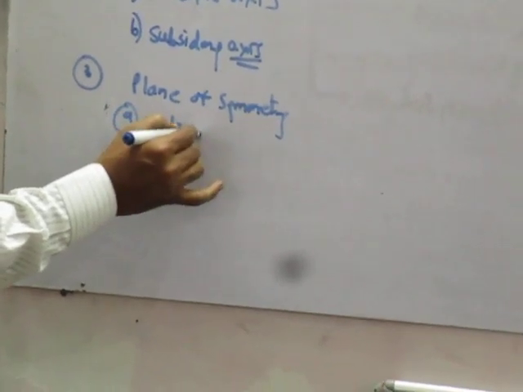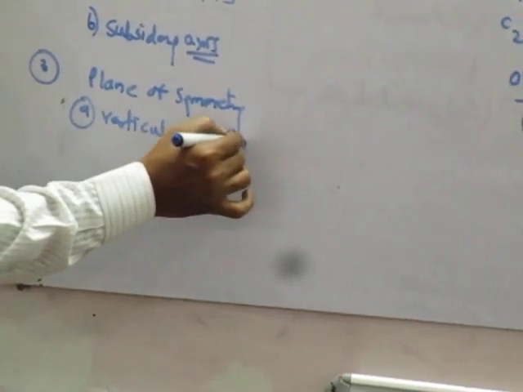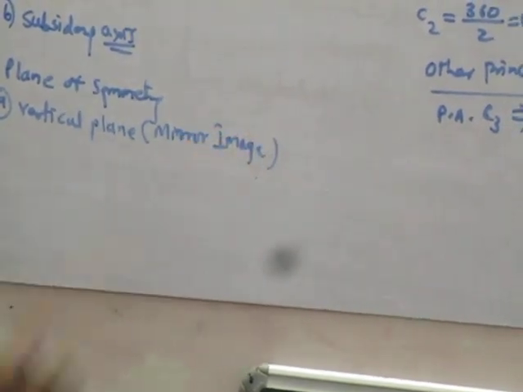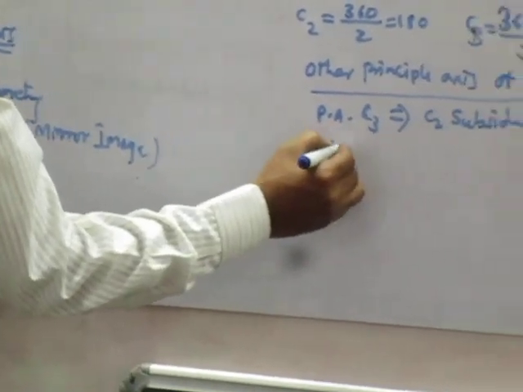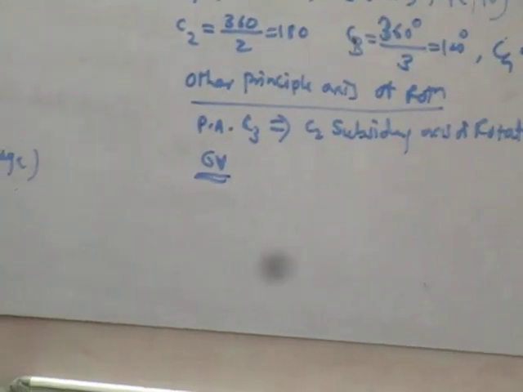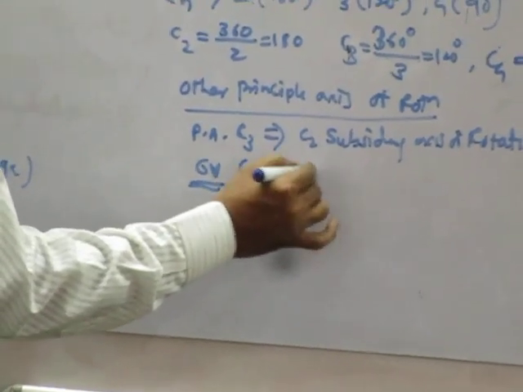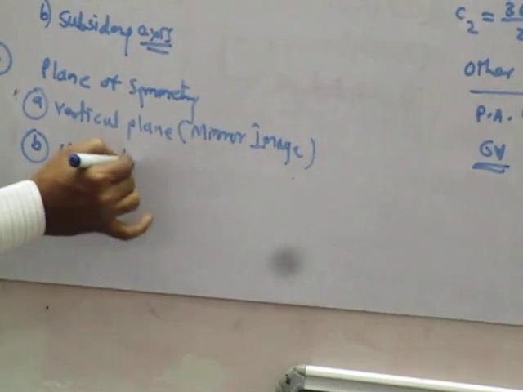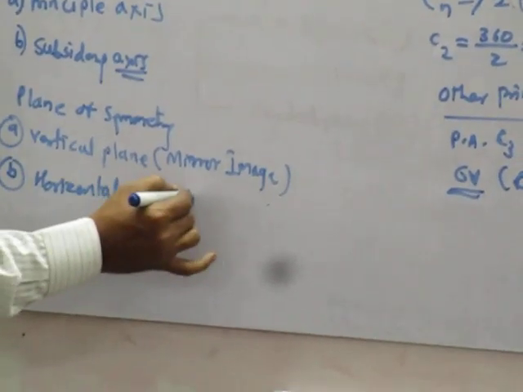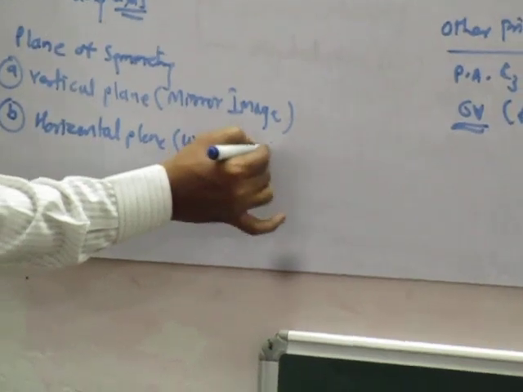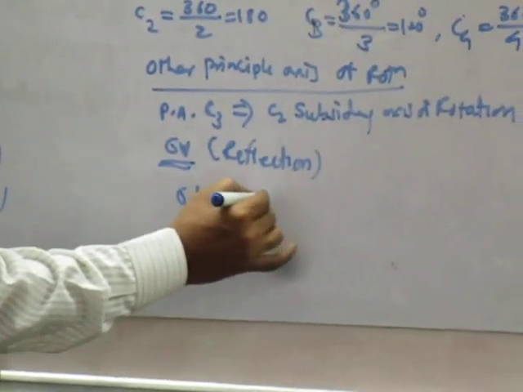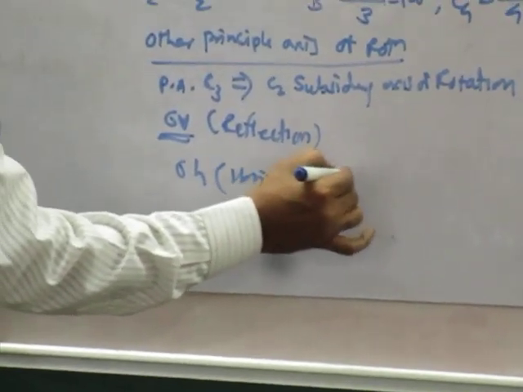The vertical plane acts as a mirror image, denoted by sigma v, meaning reflection. Second, the horizontal plane, denoted by sigma h, horizontal reflection equivalence.